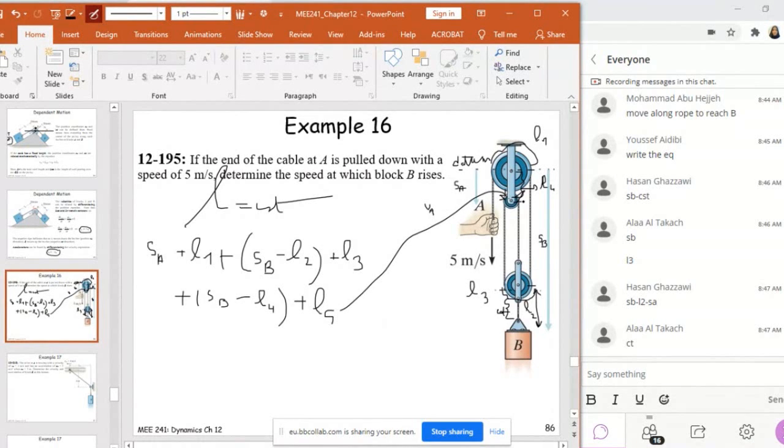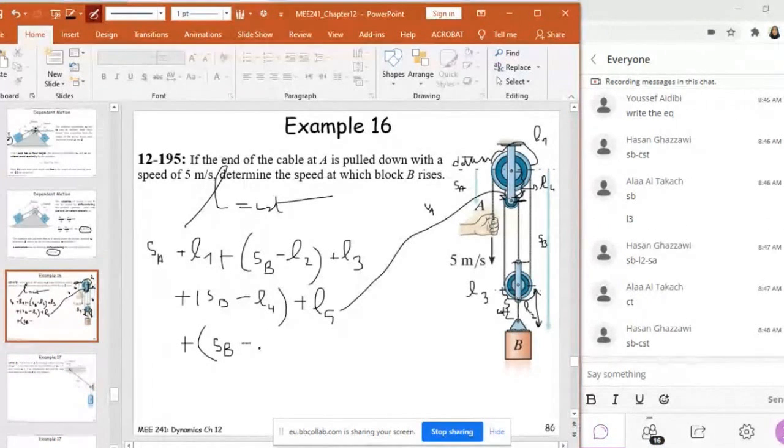And the last one is the length between this point and this point, which is also SB minus L4, minus L6. Let me repeat: this is SA plus L1 plus SB minus L2.